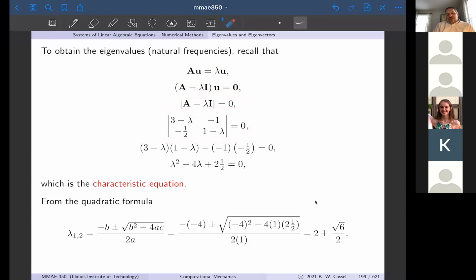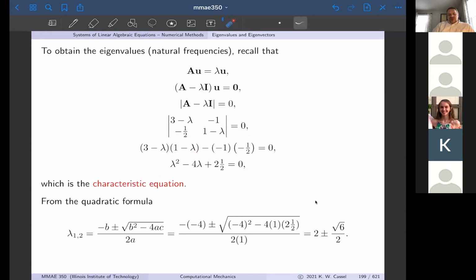So the determinant of a 2x2 matrix is 3 minus lambda times 1 minus lambda, you see that here, minus minus 1 times minus a half, you see that here, equal to 0. So you multiply that out and you get this quadratic equation: lambda squared plus 4 lambda plus 2.5 equals 0.